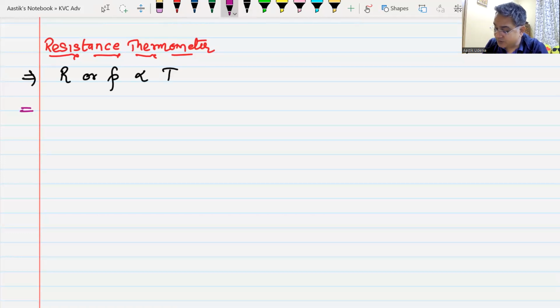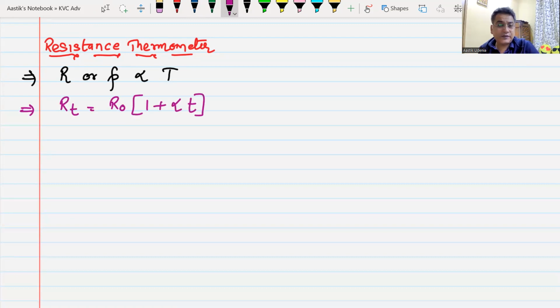The actual formula is resistance at temperature T is R naught into 1 plus alpha into T in degrees Celsius, where alpha is a constant known as the temperature coefficient of resistance. Have you heard about this? You might not have heard about this, but this is a constant.